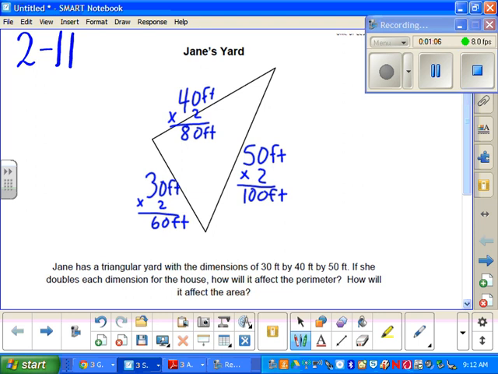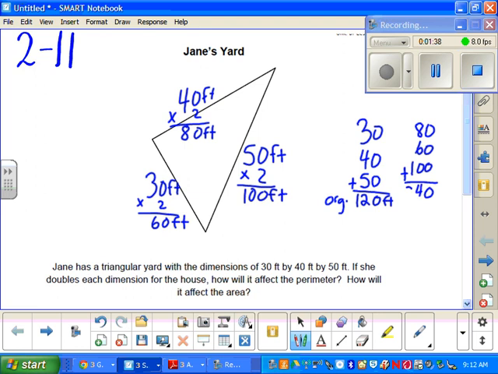That's 30 plus 40 plus 50, which will give me a perimeter of 120. And that's the original triangular yard's dimensions. Now, if we go ahead and add the new ones, it's going to be 80 plus 60 plus 100, and that is going to give me 240.